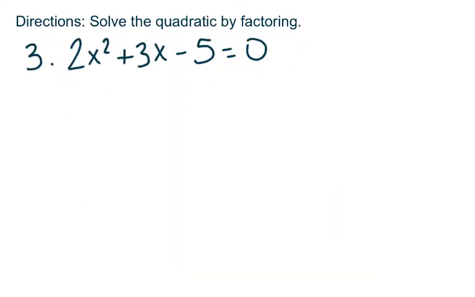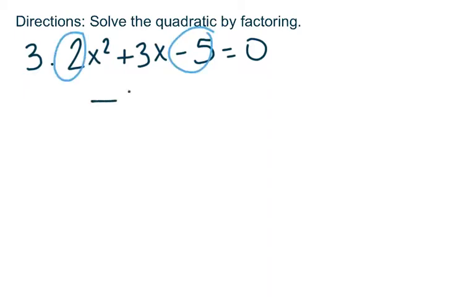Alright, so here's where we get really tricky. This one does not have a GCF because 1 is the only number that they're all three divisible by. And this one is not an easy quadratic because you have a 2 in front of x squared. So we're going to have to multiply the a and c term.